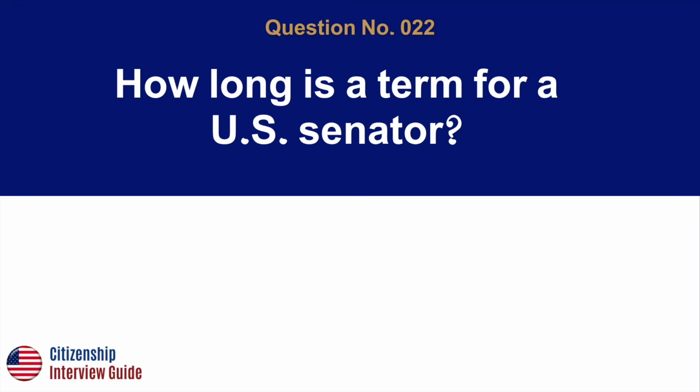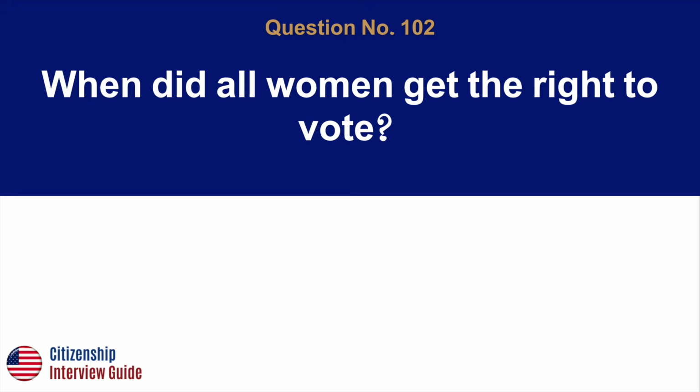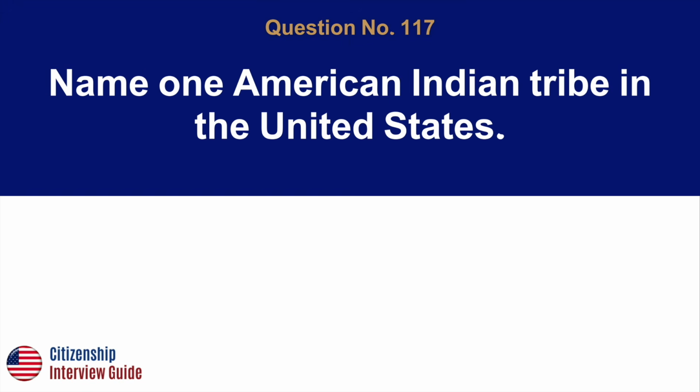How long is a term for a U.S. Senator? 6 years. When did all women get the right to vote? After World War I. Name 1 American Indian tribe in the United States.